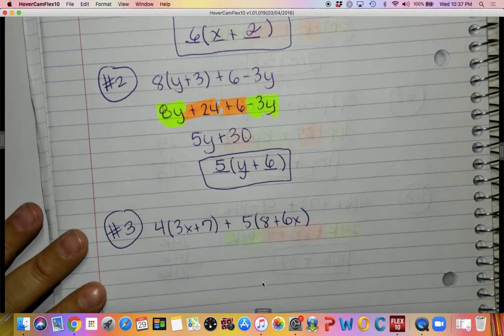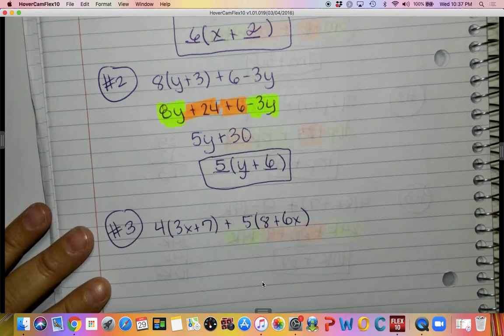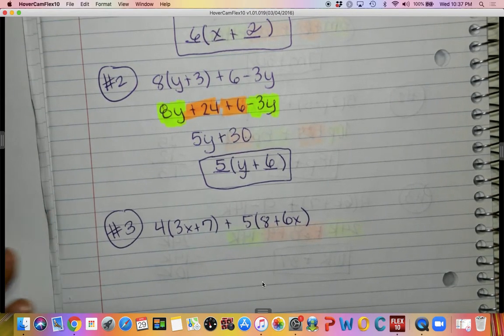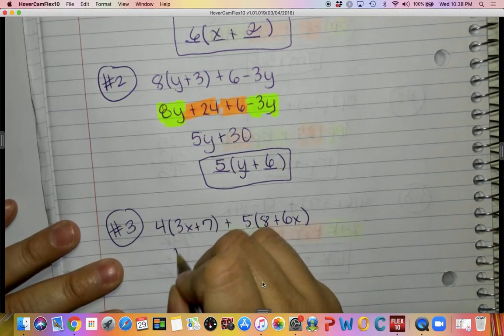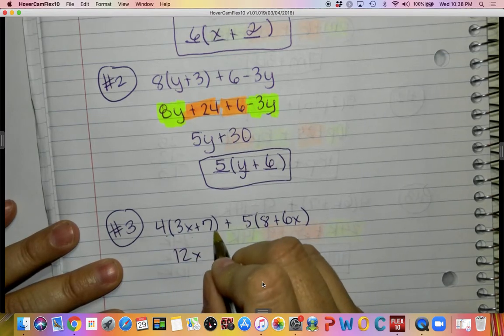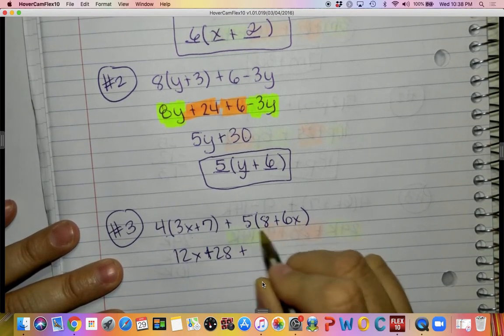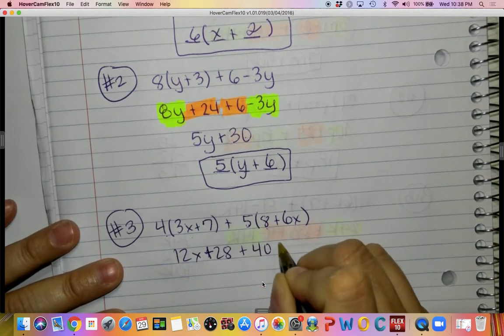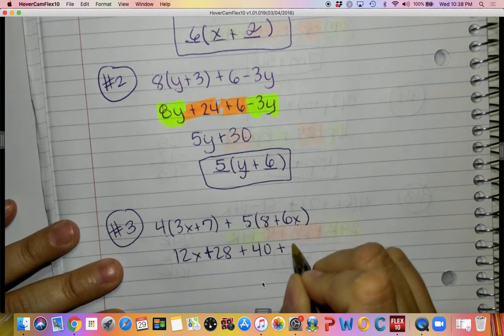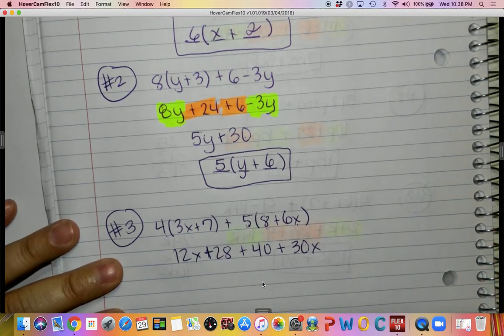Okay. 4 times 3x is 12x. 4 times 7 is 28 plus 5 times 8 is 40 plus 5 times 6x is 30x.